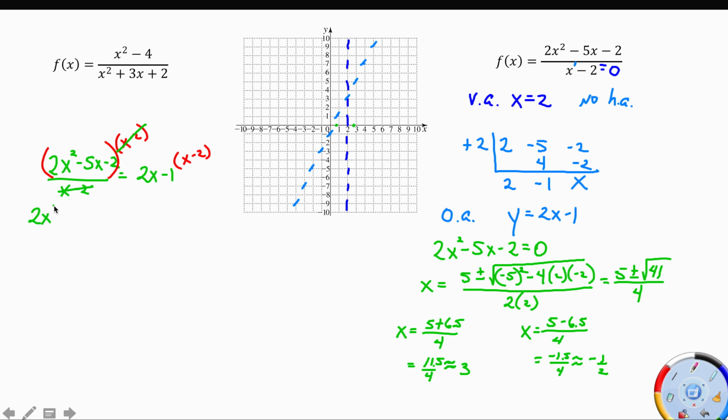I have 2x squared minus 5x minus 2 equals 2x squared minus 4x minus 5x plus 2. Subtracting the 2x squared and adding 5x, I wind up with negative 2 equals 2. It doesn't cross it.